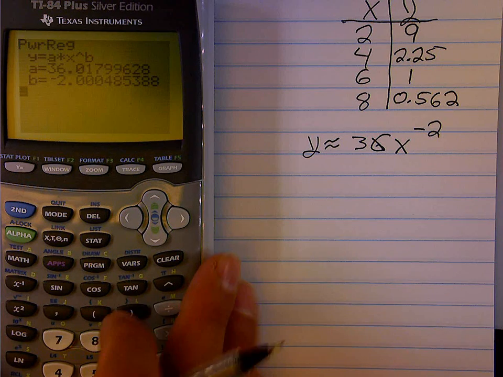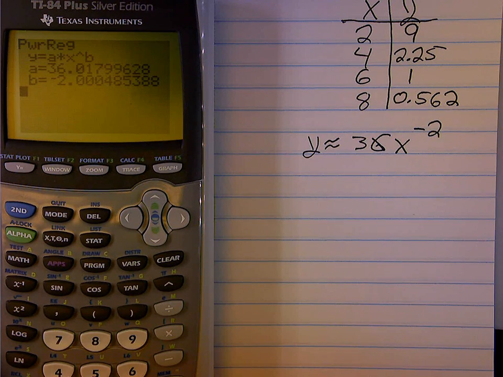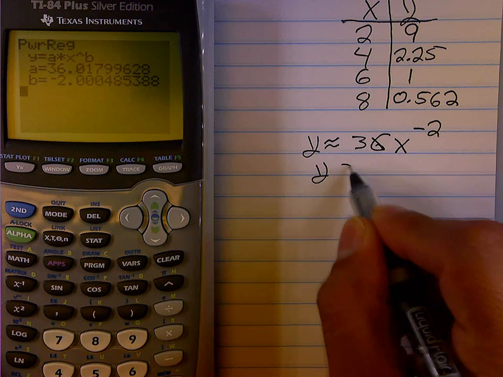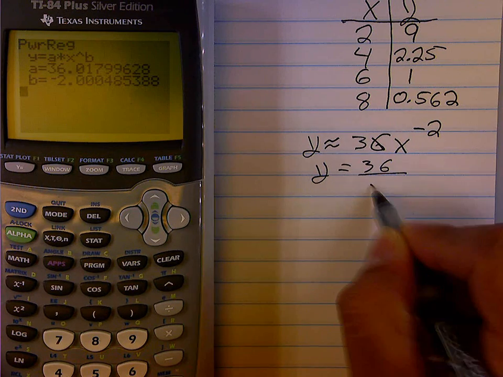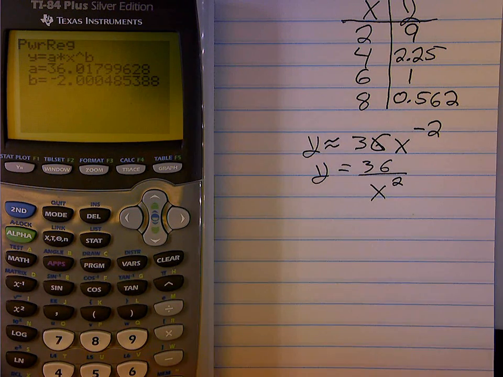Everyone okay with that? 36x to the negative 2. Or I can rewrite that as 36 over x squared. Of course, whatever you do, please do not give me a screenshot with a equals and b equals.